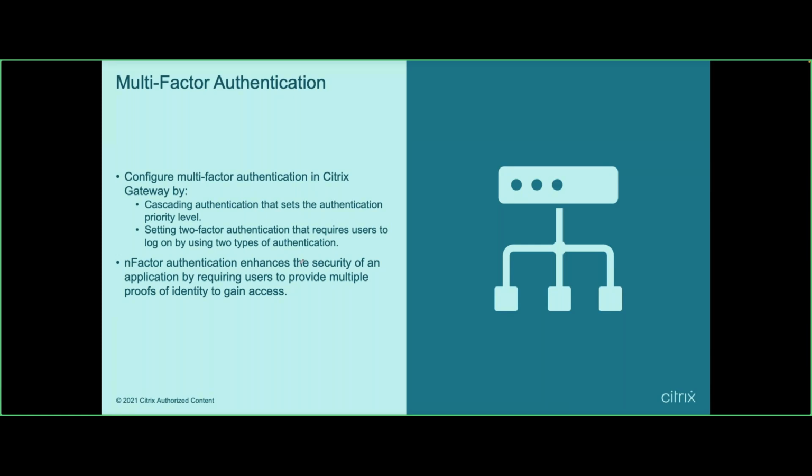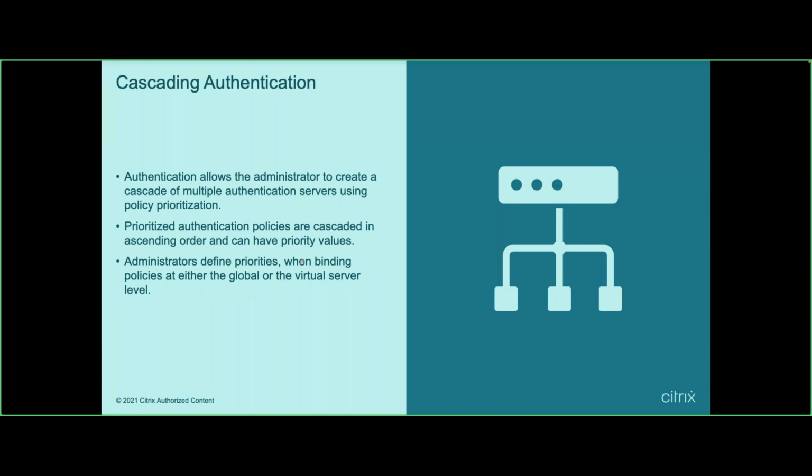Whenever you have the authentication, that is going to allow you as an administrator to create a cascade of multiple authentication. Cascade of multiple authentication means I'm going to give you more than two servers, okay?